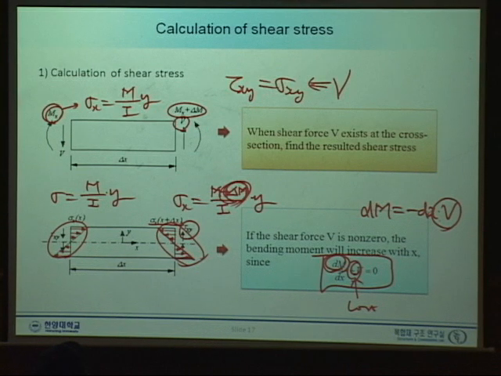If there is a V, which means that the moment always has to change. If V is 0, then the moment should always be constant. Okay, this is a very important observation.